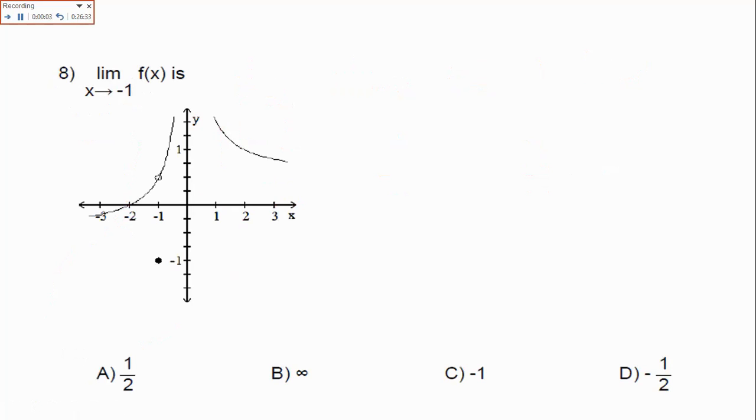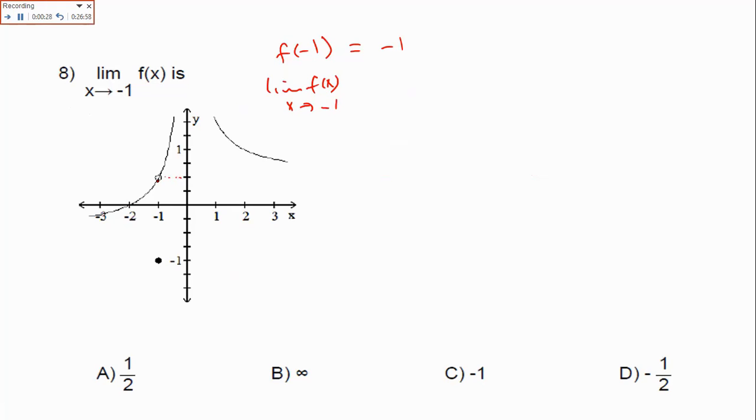This is easy. What is f of minus 1? f of minus 1 equals minus 1, very good. What is the limit of f of x as x approaches minus 1? It's half.